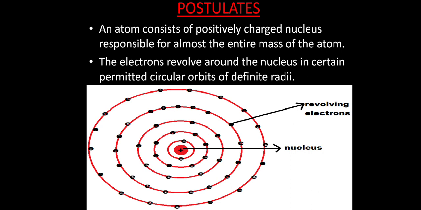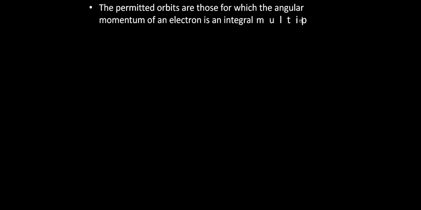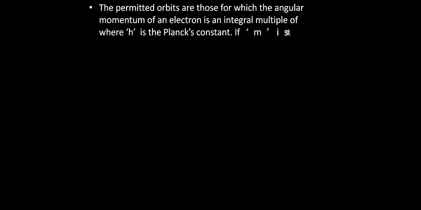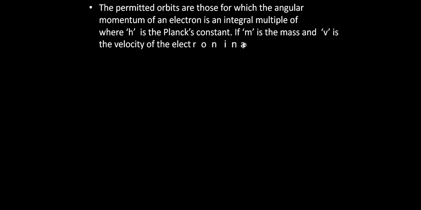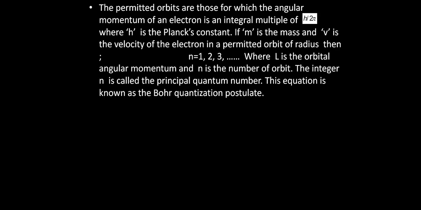Now, the question is, how does the electron decide which particular orbit is permitted? The permitted orbits are those for which the angular momentum of an electron is an integral multiple of h by twice pi, where h is the Planck constant.